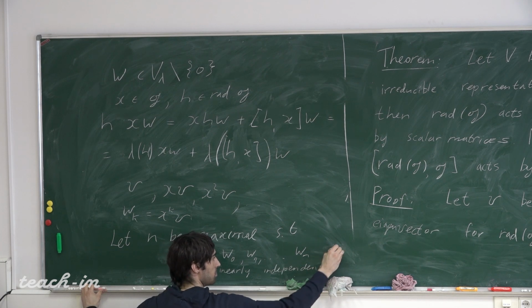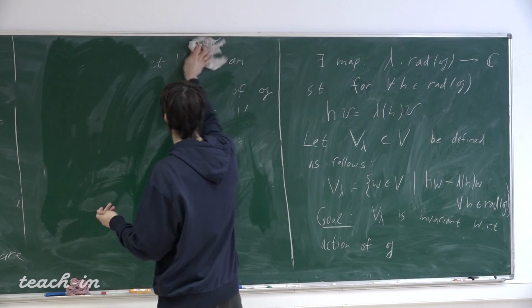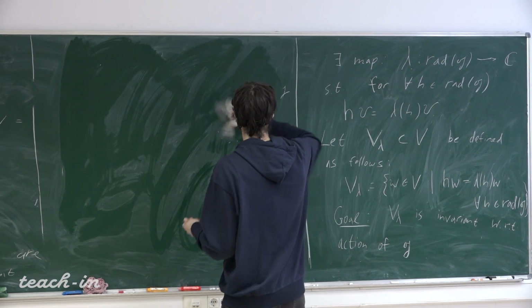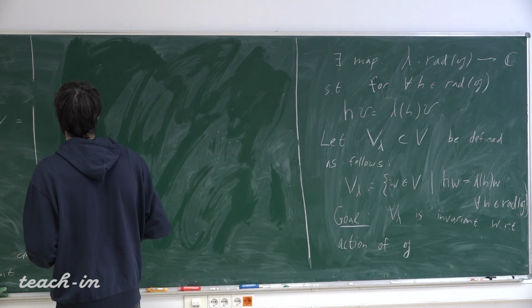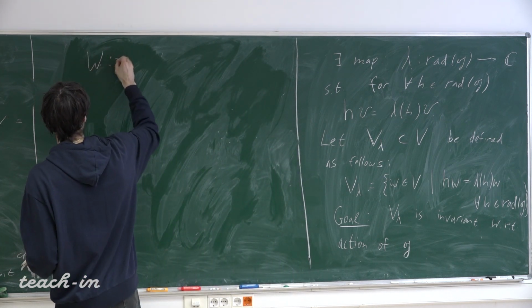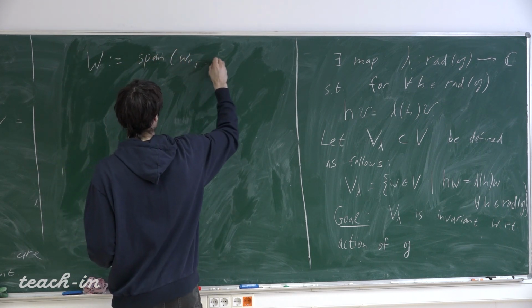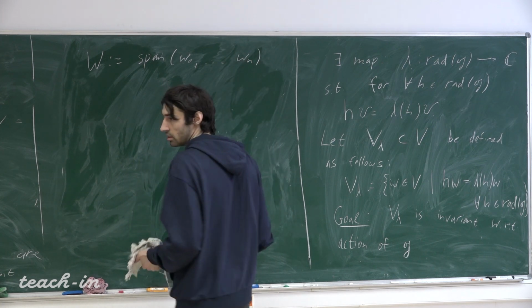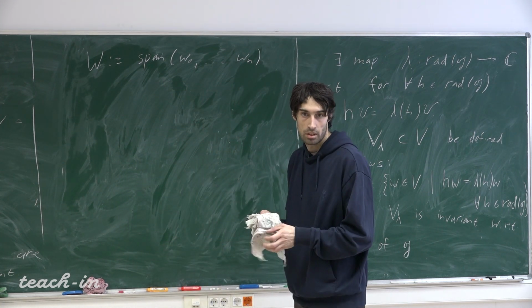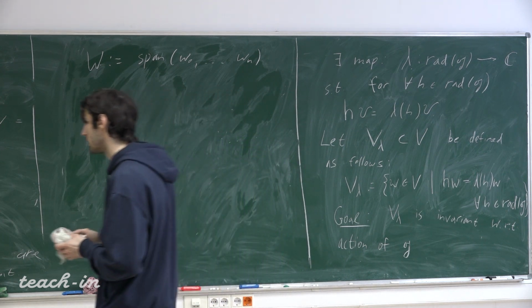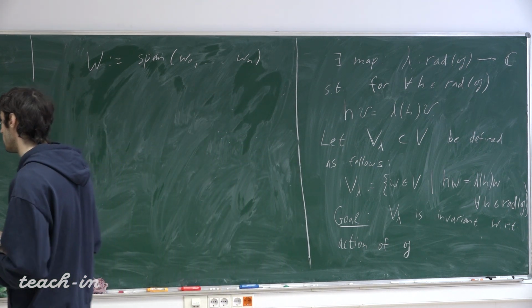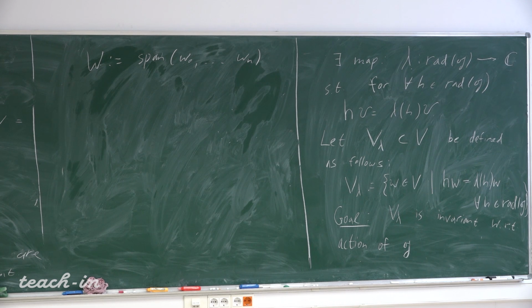And let me take the span of all these W0 to Wn. Let me denote W to be the span. Now I use this, and this is a basis for W.